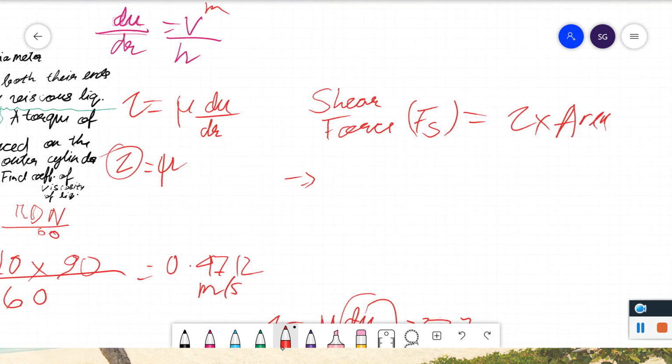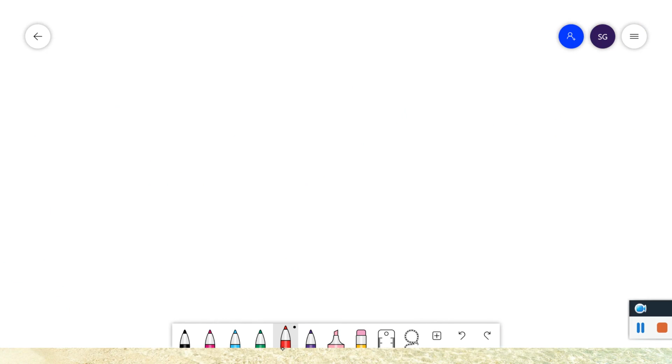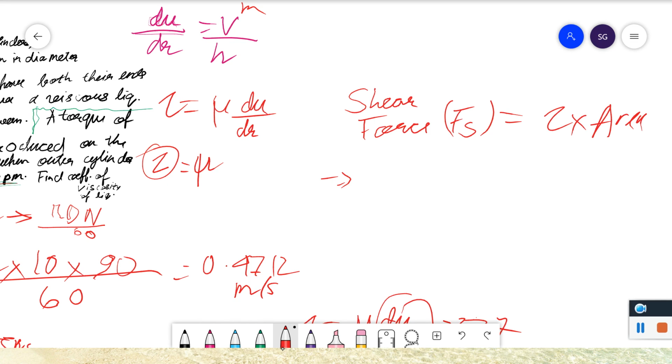Now we can write this as tau is equal to 377 mu. Now the main concept comes. What will the area be? I have told you the same concept.